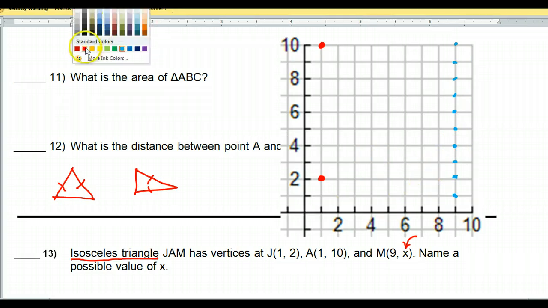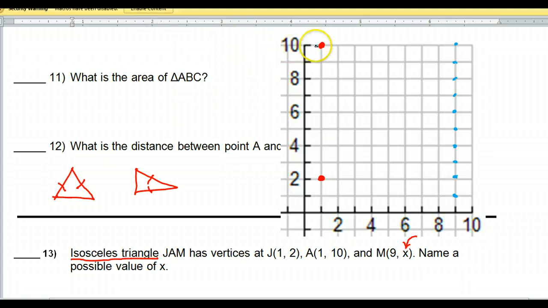So I'm going to encourage you to look at this side that's already formed, the 2 points we're given. Look at that as the base of the isosceles triangle.